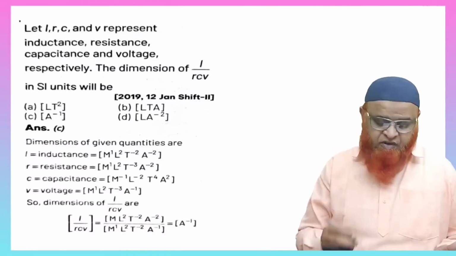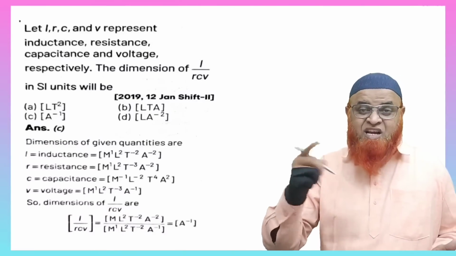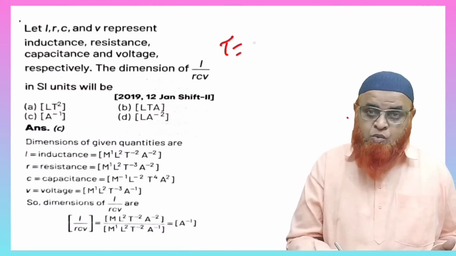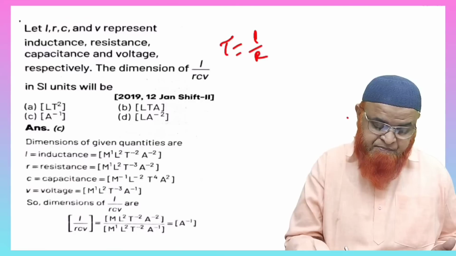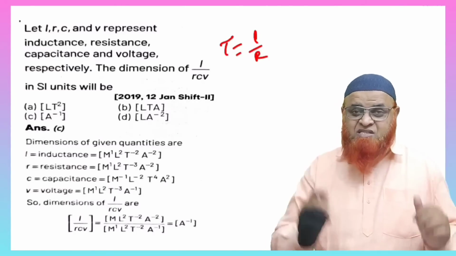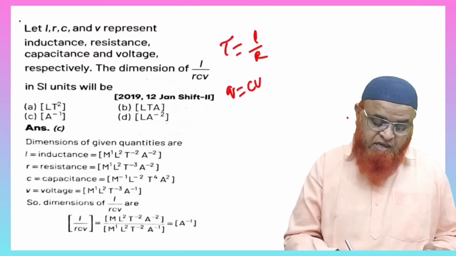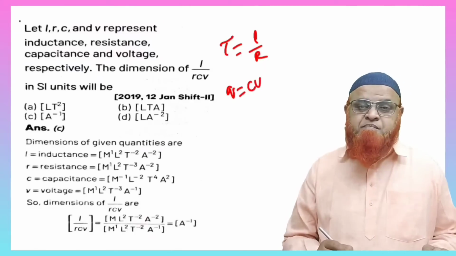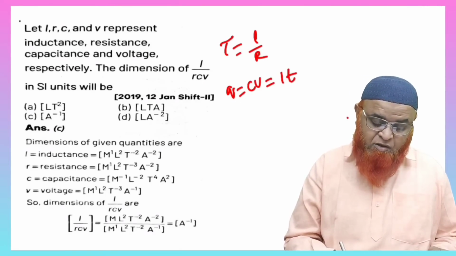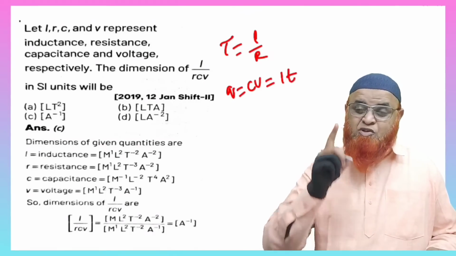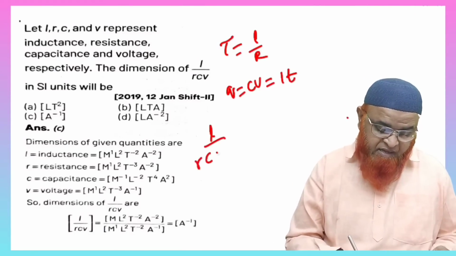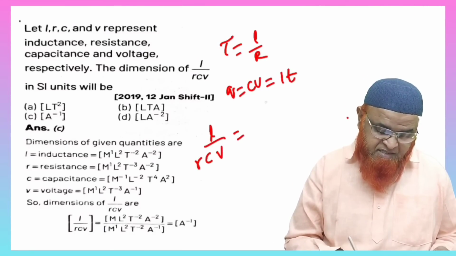Yes, definitely. For example, in the growth and decay of current chapter, you know that the time constant tau is inductance by resistance. So L by R is the time constant. You also know that Q is equal to CV, charge equals capacitance into potential, and charge can also be written as I into T, current into time. So we can write L by R CV.